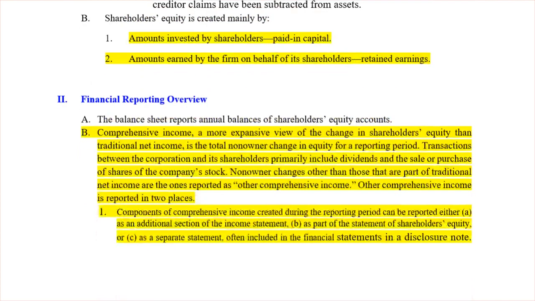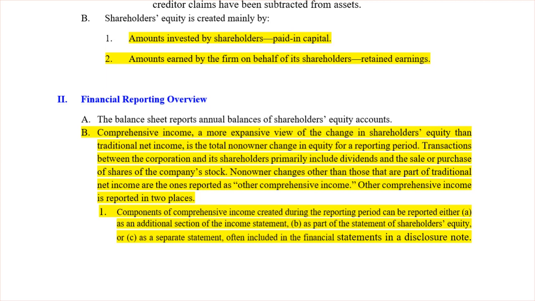As we travel down here, then we start talking about comprehensive income again. And those of you who know me know that I really do hate this concept of other comprehensive income, because it's not really net income, and they say traditional net income. I don't consider it to be net income, because comprehensive income is a total of the OCI, other comprehensive income items, and traditional net income.